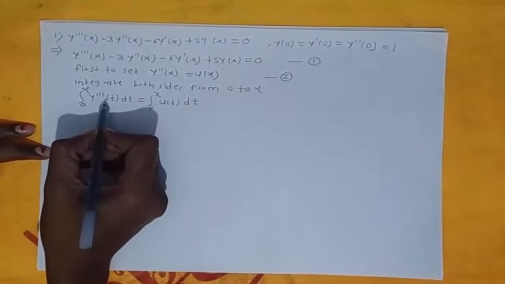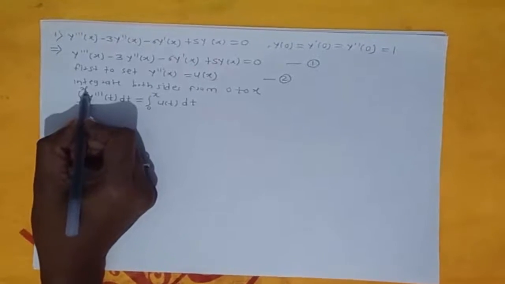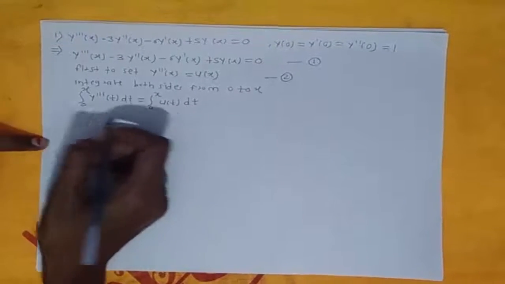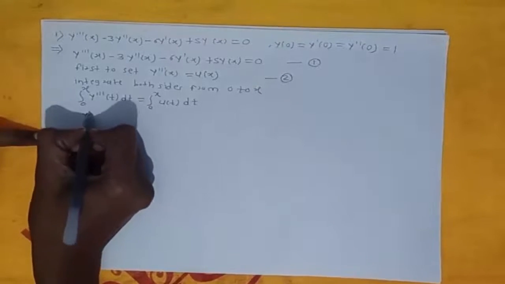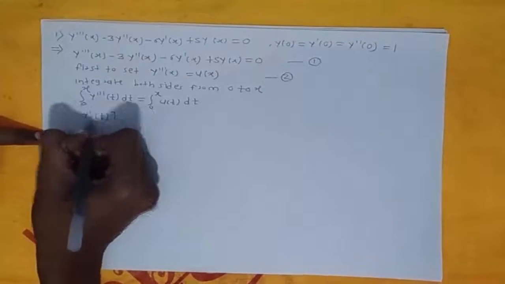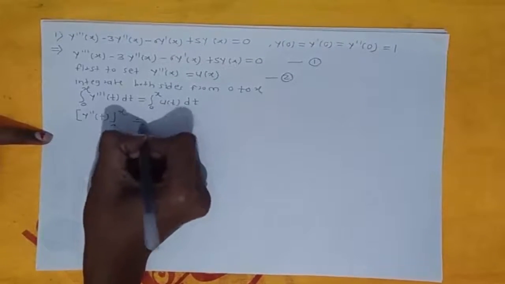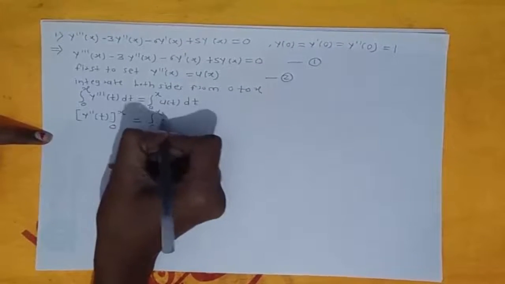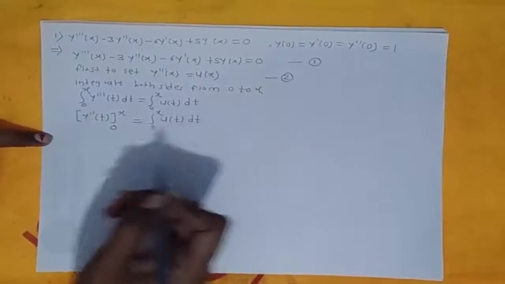Here we consider variable t because of the limit x and the variable x. Then integration of y triple dash of t will be y double dash of t from 0 to x, and the right side will be as it is, 0 to x u of t dt.